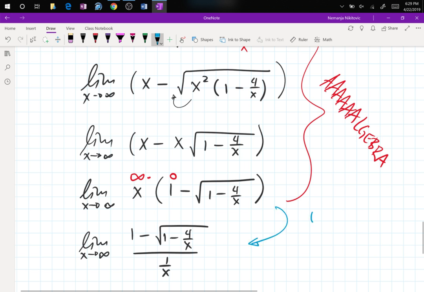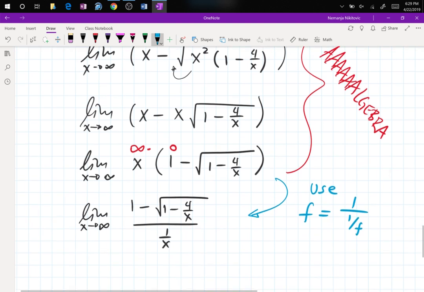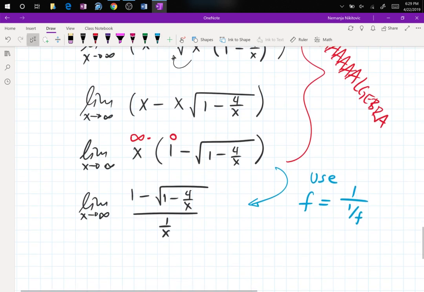From here to here, use f equals 1 over f. And I am finally now at 0 over 0. I can use L'Hopital. So about 1 page of algebra to get to the point where we can use L'Hopital's rule, right?